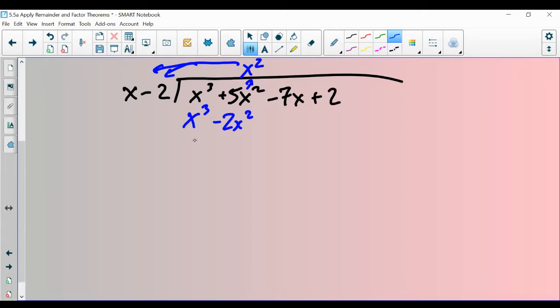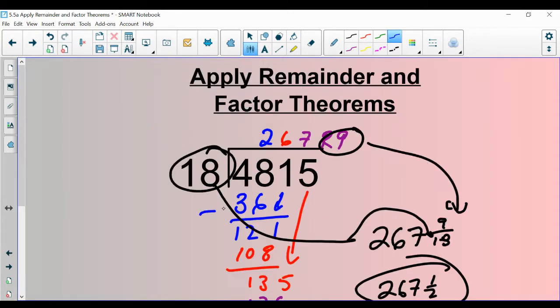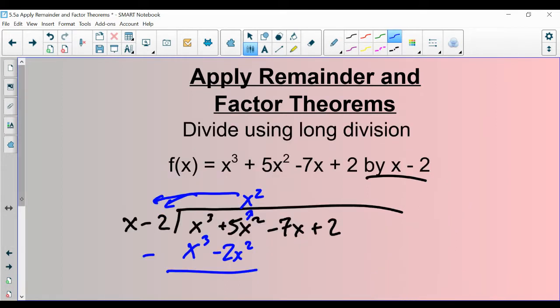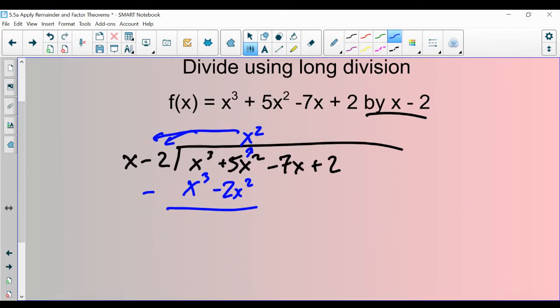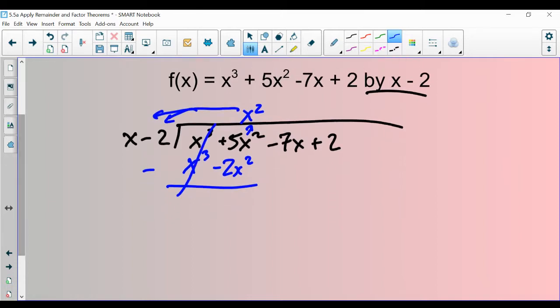From here, you're going to subtract, right? That's what we did back here as well. I just want to remind you guys, right here we did 48 minus 36 and got 12. Here, we're going to do x cubed minus x cubed. They cancel. They always should. And the next part is to subtract 5x squared minus -2x squared. This is going to be a super common spot for a mistake.